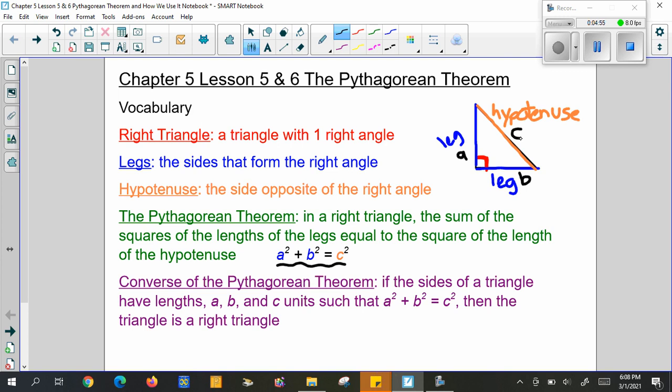So what it means is if I were to say, hey, these are 3 measurements, is it a right triangle? And we can use the Pythagorean theorem to help us actually prove that.